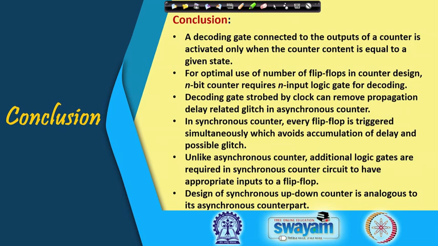A decoding gate strobed by clock can remove propagation delay related glitch in an asynchronous counter. In a synchronous counter, every flip-flop is triggered simultaneously, which avoids accumulation of delay and possible glitch. Unlike the asynchronous counter, additional logic gates are required in a synchronous counter. In an asynchronous counter, we have seen that the output of one flip-flop is fed as clock to the next flip-flop.